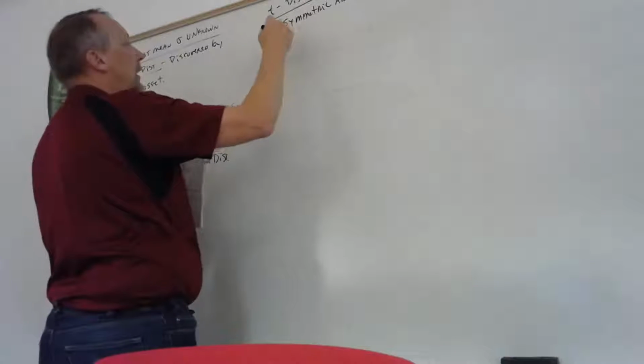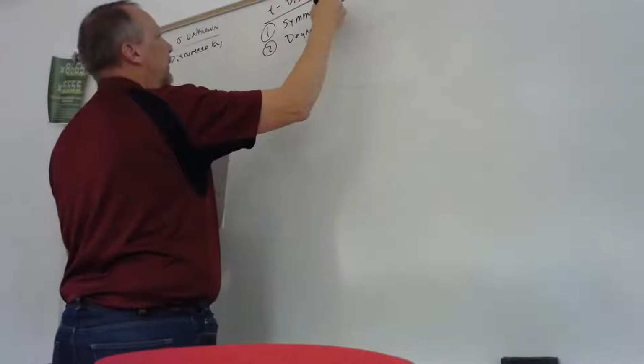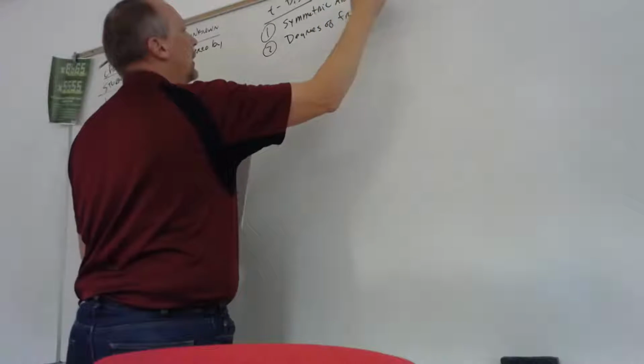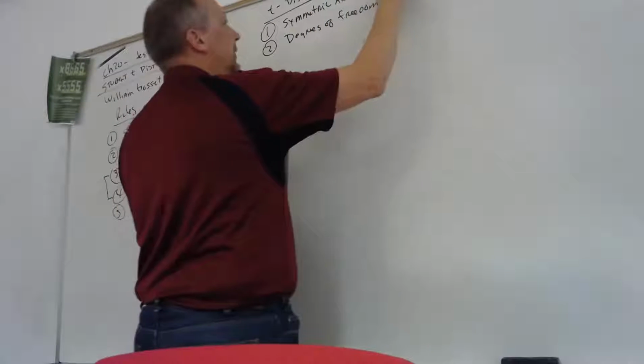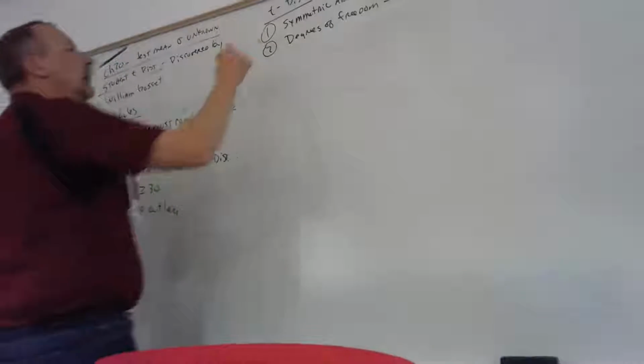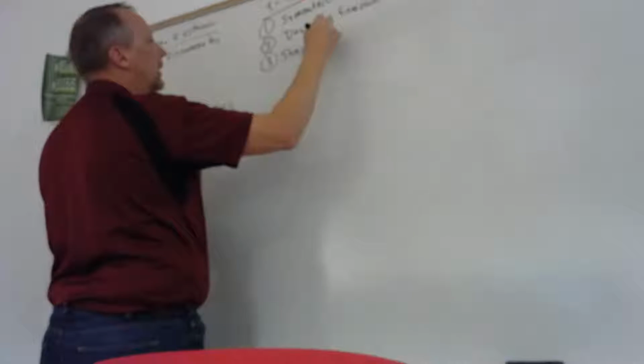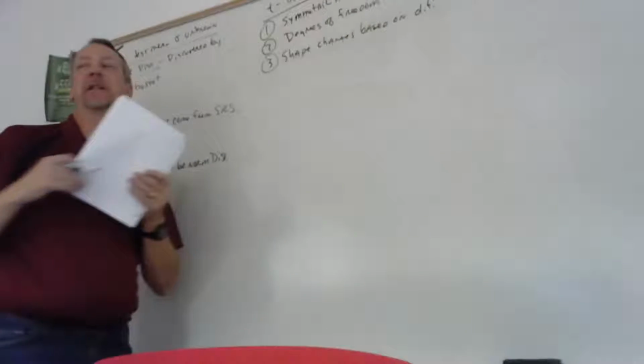Number 2, it has a thing called degrees of freedom, equals your sample size n minus 1. Number 3, the shape changes based on your degrees of freedom, which I will abbreviate DF. Okay?